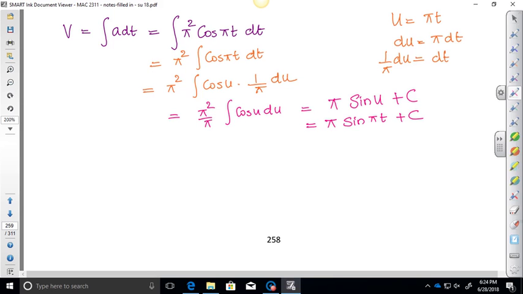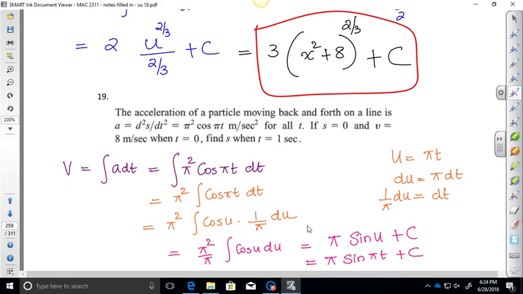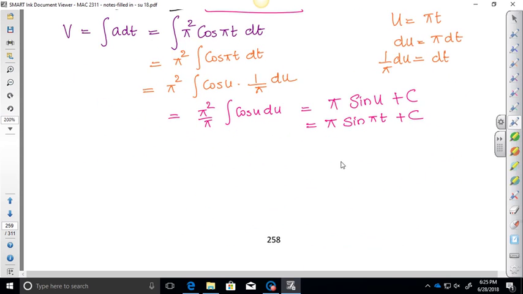All right, use the initial condition. Find that c. What's the initial condition? When t equals 1? No, that's what we are finding, right? That's the next question. So it's when t equals 0, v is 8 and s is 0. So when t is 0, v is 8.